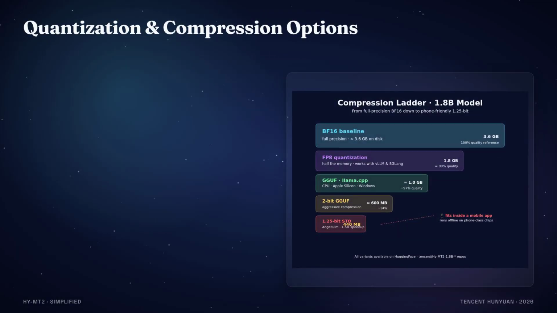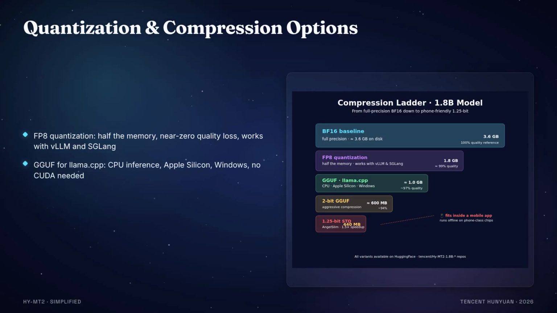If GPU memory is a problem, Hy-MT2 has you covered with 4 compression paths. FP8 quantization halves your memory, with almost no quality loss, and works directly with vLLM and SGLang. The GGUF format lets you run on a CPU, on Apple Silicon, or on Windows through llama.cpp.